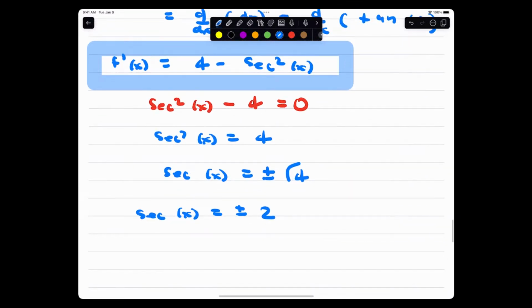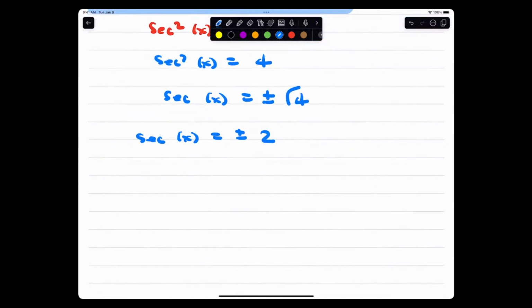Okay, now I want you guys to note something here because we're going to get back to this. In fact, if you had to solve for secant being plus or minus 2, what does that imply? Do you guys know? Those of you guys that took trig, the reciprocal of secant is actually cosine.